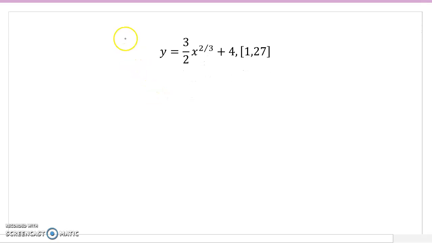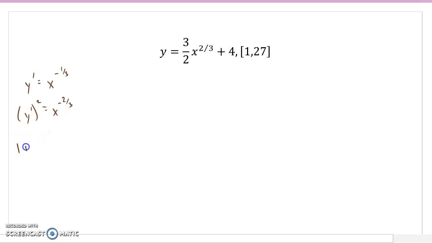This time, our function is 3/2 x to the 2/3, so the derivative is actually pretty nice because the 3/2 and the 2/3 cancel out. We get x raised to the 2/3 minus 1, which is negative 1/3. So when we square our derivative, we get x to the negative 2/3.